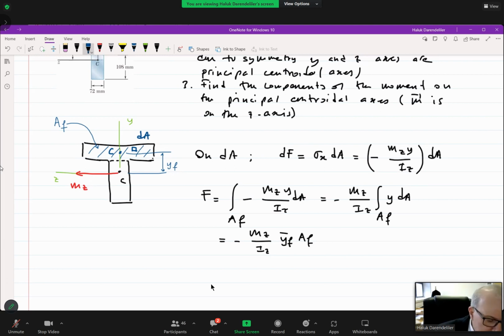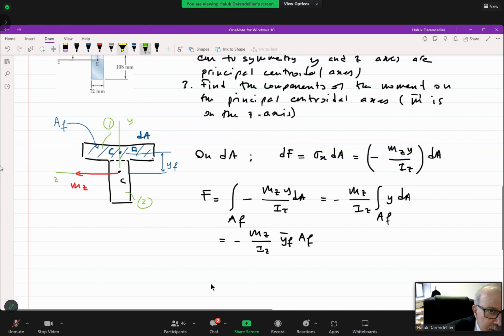Now, to solve this problem, we need to calculate the moment of inertia. For this purpose, I'm going to use two areas. Say that this is the first area and this is the second area.